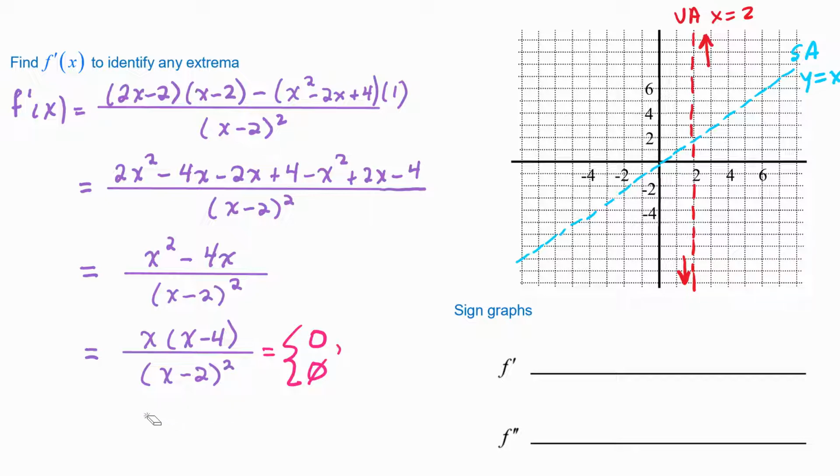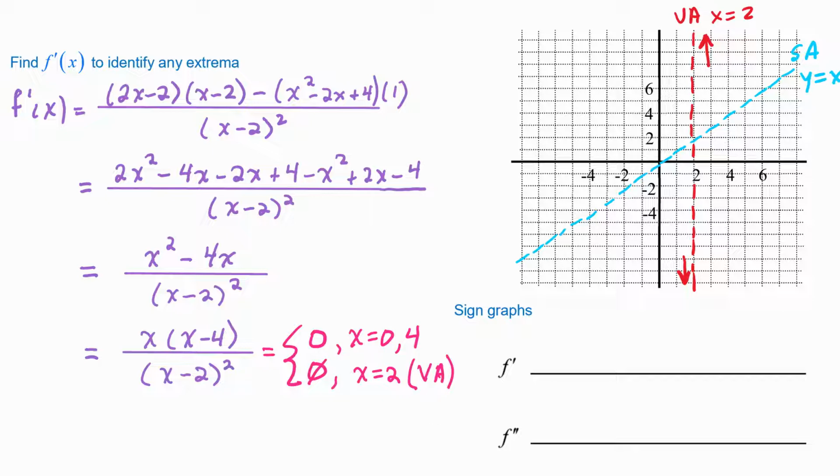Now this rational expression will equal 0 at x equals 0 and x equals 4, and it does not exist at x equals 2. And it's a really good idea to remind yourself that you already know that that is a vertical asymptote. So it's never going to be a minimum or a maximum because it's already a vertical asymptote.